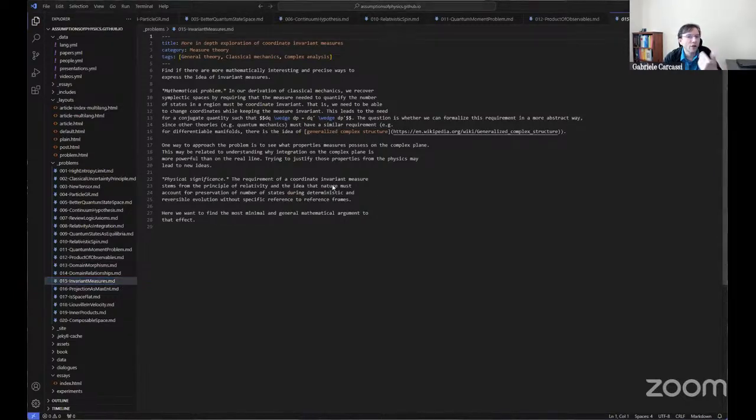We are able to recover phase space by basically saying we have a set of variables and we want to be able to put an invariant density or an invariant entropy on that, meaning that we can change coordinates, we can change units, and the number of states, the entropy, and the probability density for each state does not change.